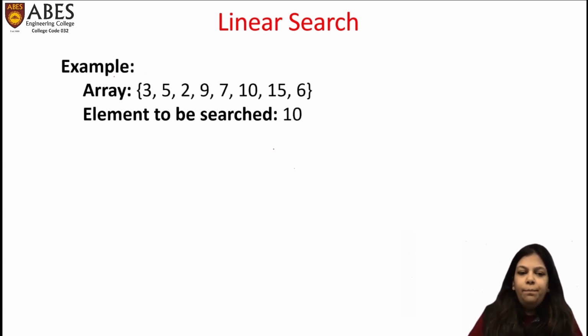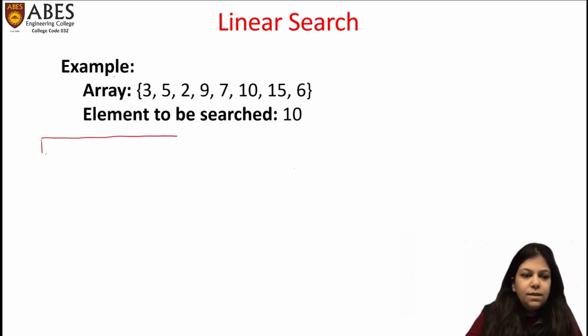So let us take an example wherein we have 8 elements: 3, 5, 2, 9, 7, 10, 15, and 6. And we have to search whether the element 10 is there in the list or not. So let me quickly make the array.